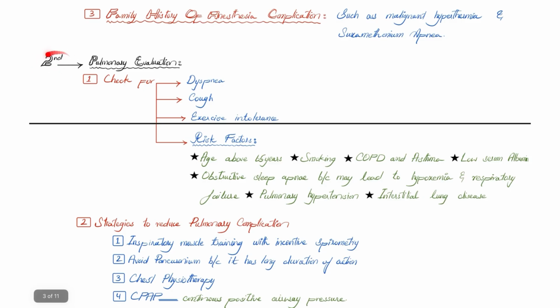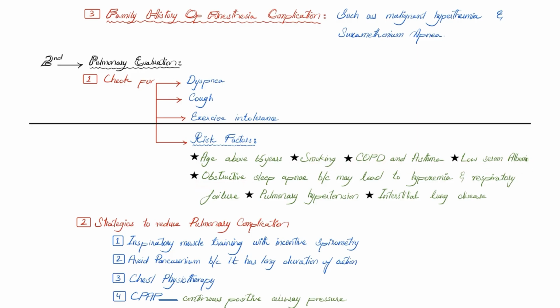The second thing that you have to do in pre-operative evaluation is pulmonary evaluation. In the history of the patient, check for dyspnea, cough, exercise intolerance, and some associated key risk factors like age above 65 years, smoking, COPD and asthma, low serum albumin.